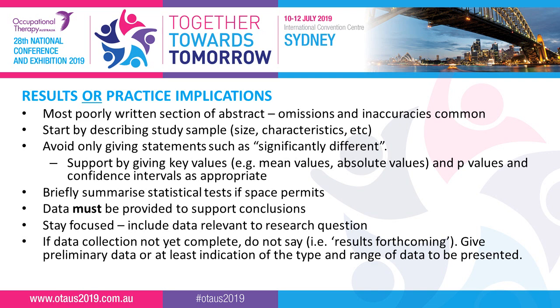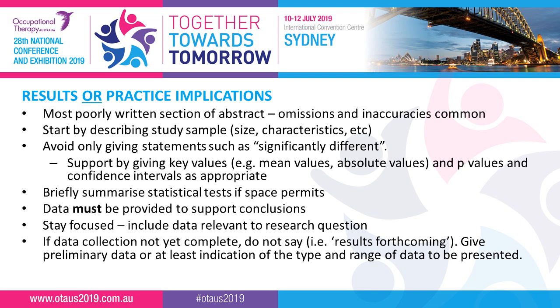So it must be consistent between your results and your conclusions. During this section, make sure you stay focused. Present data to support or to answer the research questions that you've presented in your aims or objectives section.